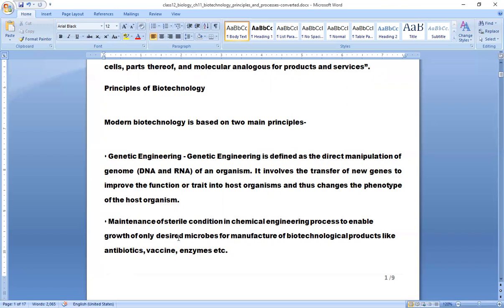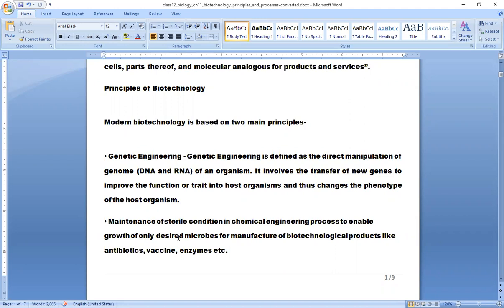And why should it be proper? Because only the few desirable microbes should grow. Now if there is a medium and you want to grow only penicillium in the bioreactor or in the industry, but the sterile and favorable conditions are not given, then the penicillium is not going to grow, right?